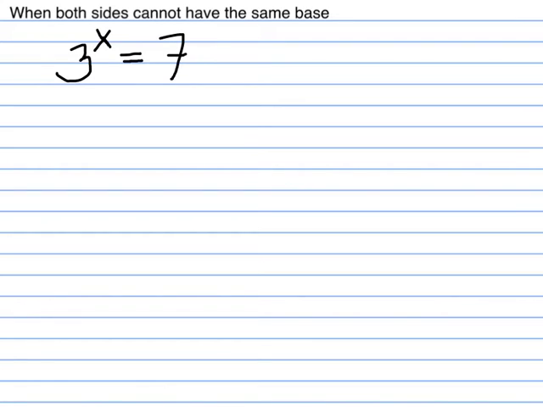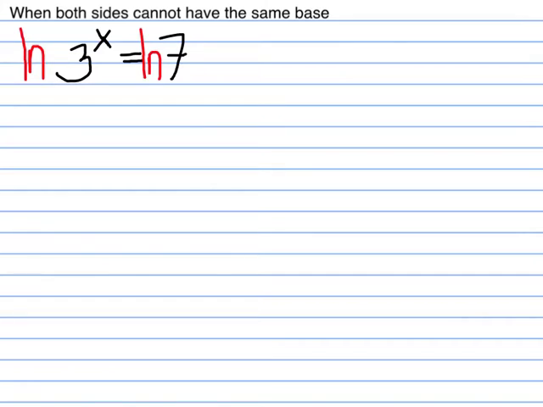Now, because a lot of people want your answers written as log base 10 or log base e, which is ln, what I like to do is take the natural log of both sides, because mathematicians are lazy and they want the least amount of writing as possible. So we take the natural log of both sides. I can do that as long as I do it to both sides.